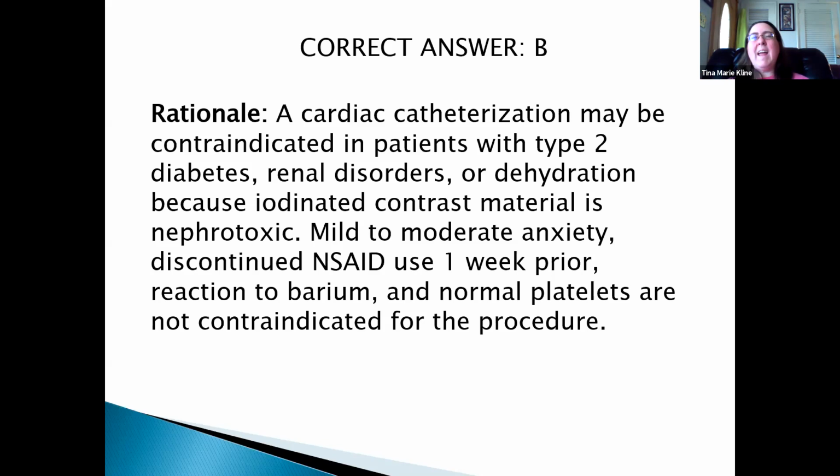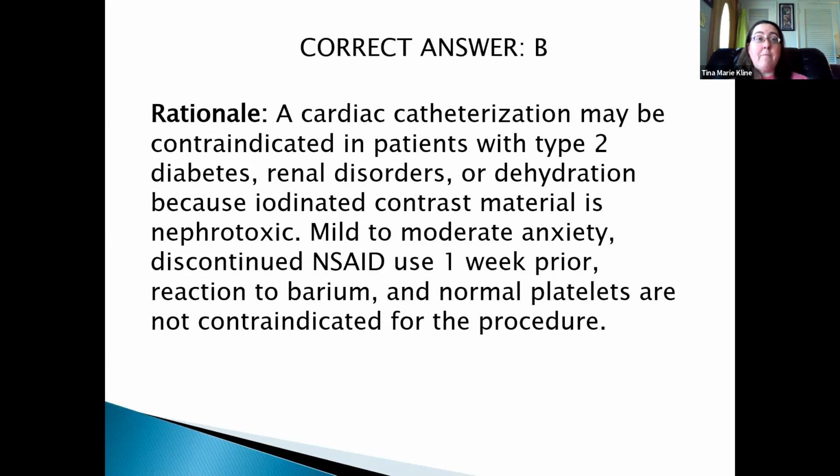Platelets being a little bit low, it could cause a problem. Dehydration, if I give that contrast, it is definitely going to cause a problem. So if I'm picking between those two, if the platelets were slightly low, I'd still go with dehydration.